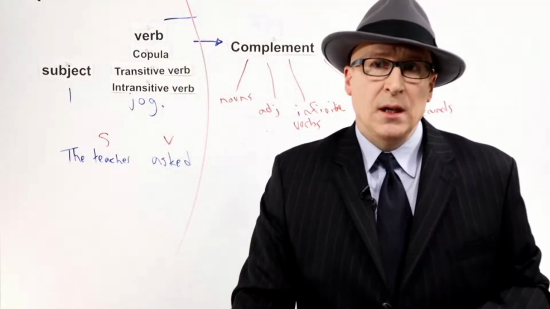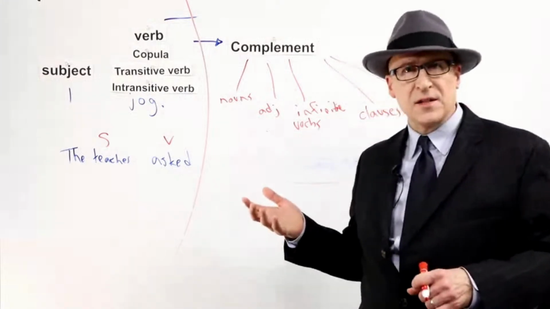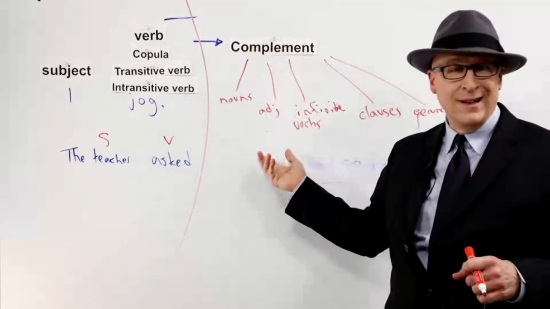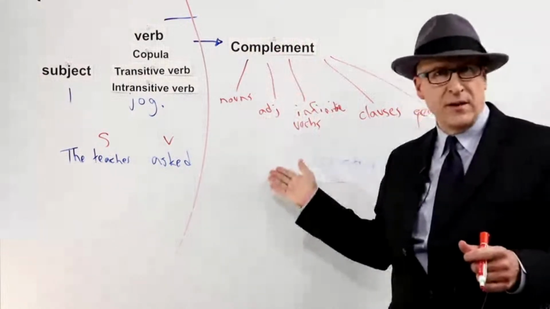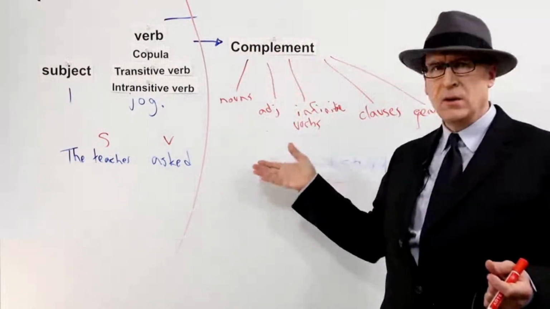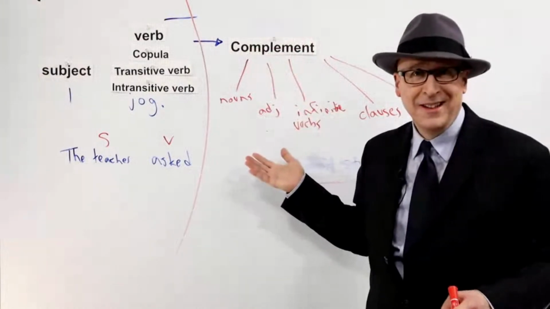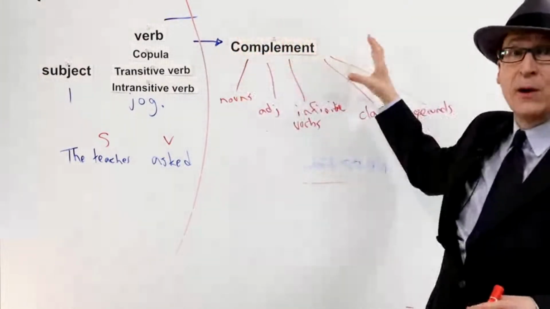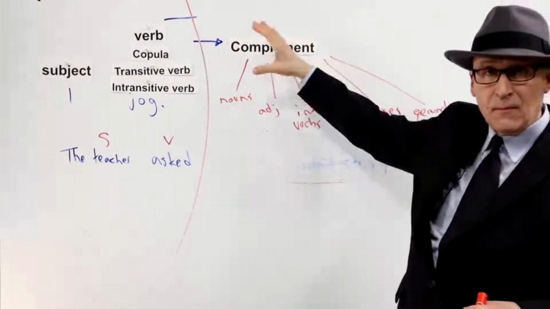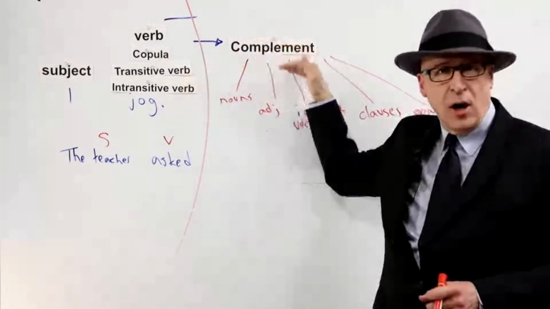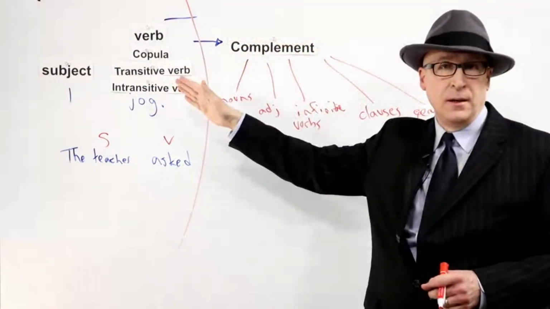But sometimes when you're learning this stuff, you hear the word complement, but then you see infinitive verb, and you know what that looks like, and you know what a gerund looks like, and you say, well, is it a gerund or is it a complement? Well, it's both. Right? Complement is the category of meaning. It's the job it's doing in the sentence structure. It's complementing the verb.